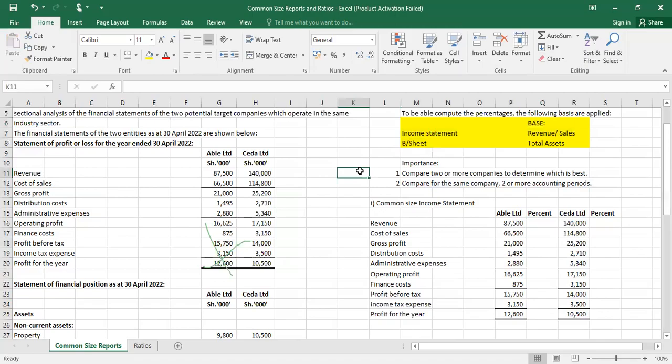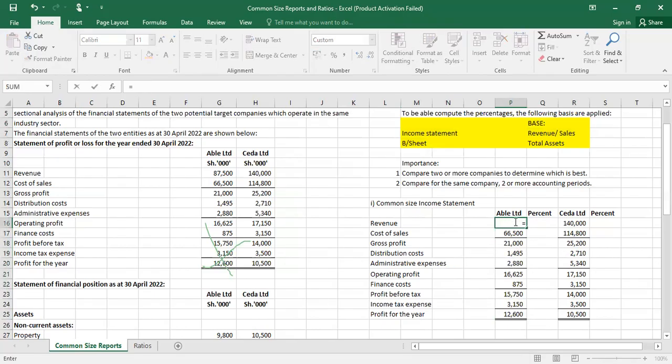And we have summarized that for the income statement, the base is normally the revenue or sales. So that means that we express every item here as a percentage of this total revenue figure.